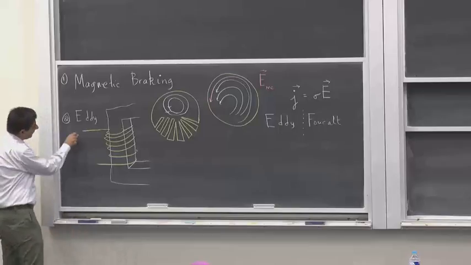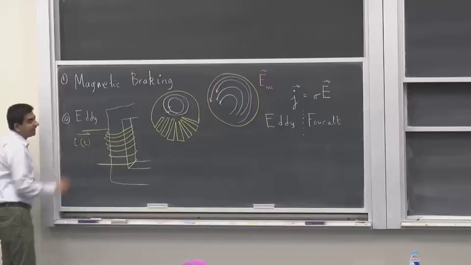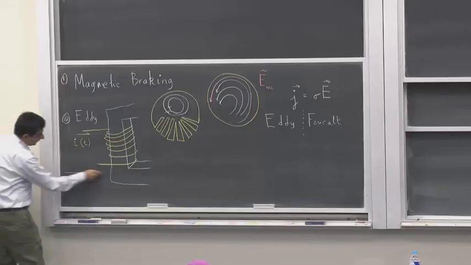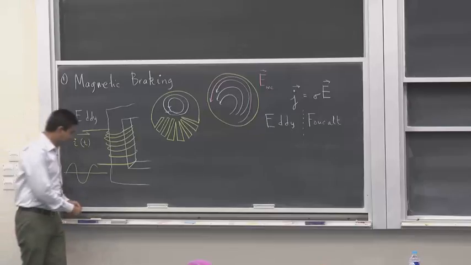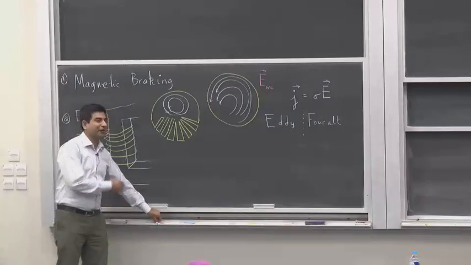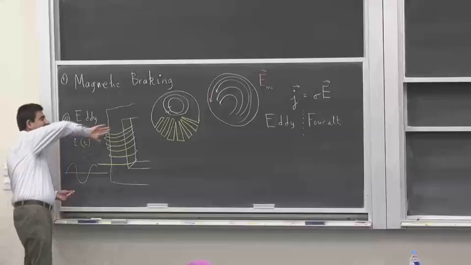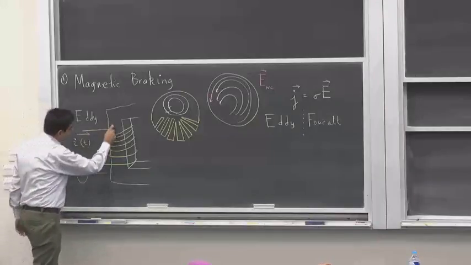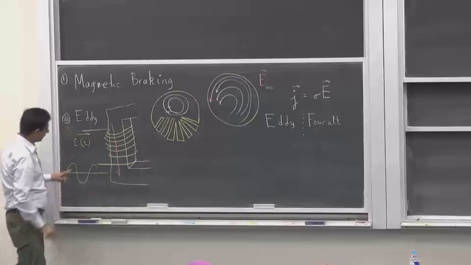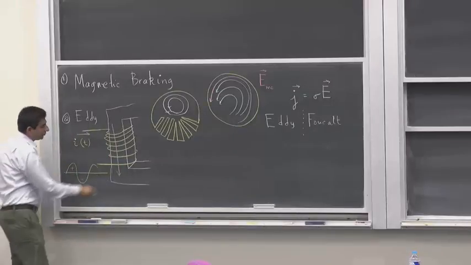Whenever a current passes through this coil, if this current is changing with time, for example, if it's an AC current which oscillates with time, this solenoid is going to produce a magnetic field. If this is the direction of the sense of winding and this is the direction of the current, the field will be produced in the downward direction in the positive half cycle. In the negative half cycle, it's going to be produced in the opposite direction.